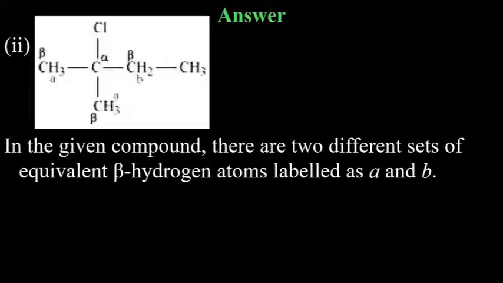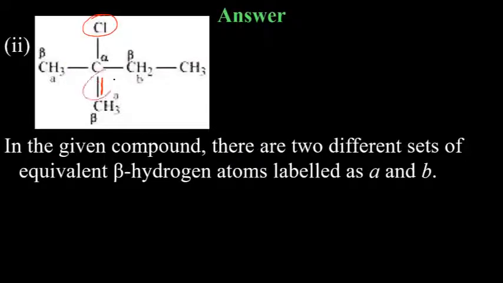Next, this one, which I have already explained actually. In this case, chlorine obviously goes from here. Now you have three beta carbons, out of which these two are symmetrical. These two will give you the same compound. So whether you have the double bond here or here, it is the same thing.